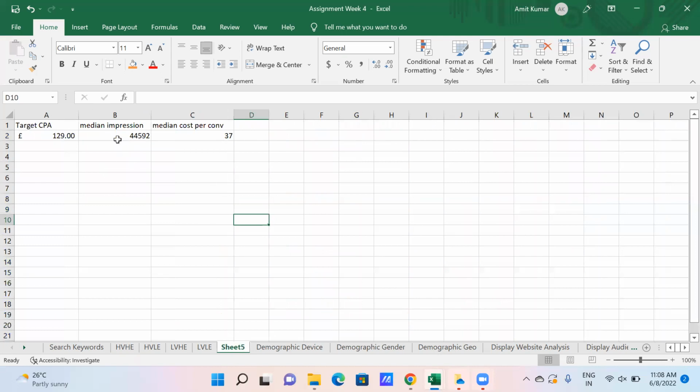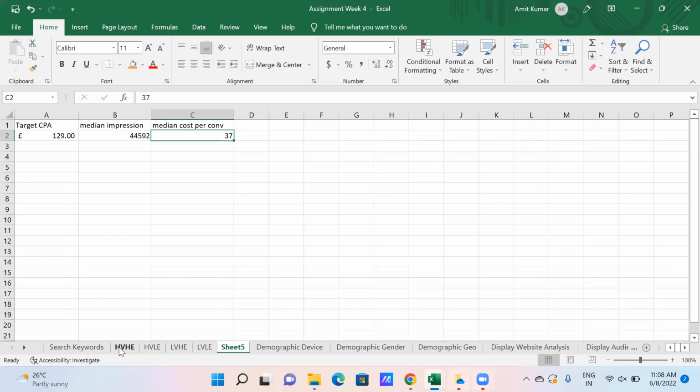So my median impression was 44592, and the median cost per conversion was 37. Anything more than this impression median is considered high volume, and any cost per conversion less than 37 is high efficiency.